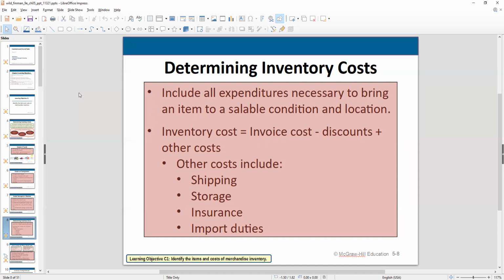Insurance. Nobody does anything in business without carrying insurance because theft's a problem. Acts of God are a problem. I remember I was driving down the interstate when I was working for the IRS in Oklahoma, and I actually watched a tractor trailer go off a bridge. And I'm thinking to myself, not only was I concerned about the driver, of course, but I was thinking about all of whatever was in the trailer.